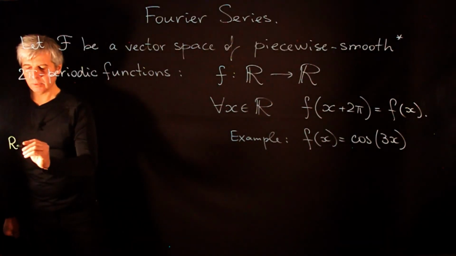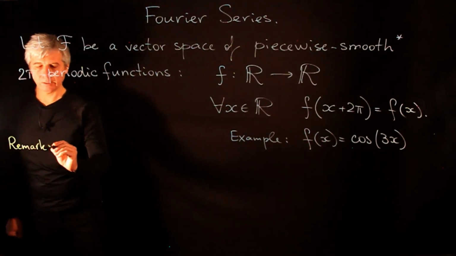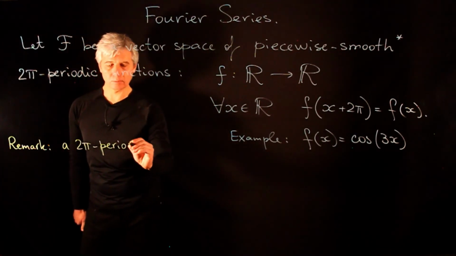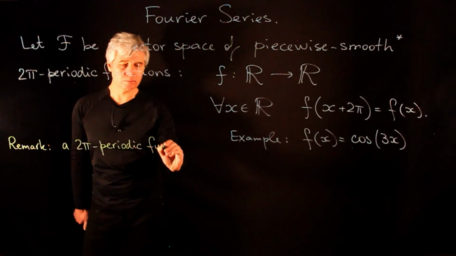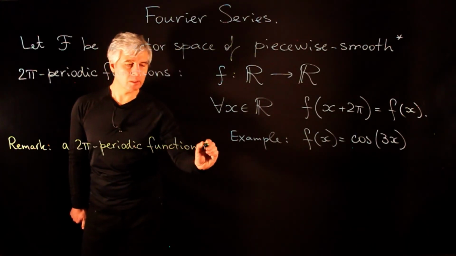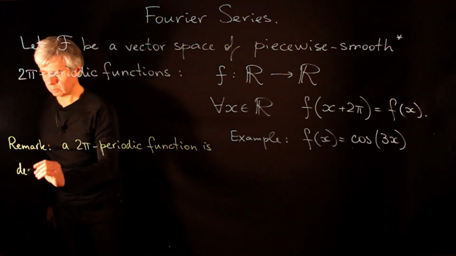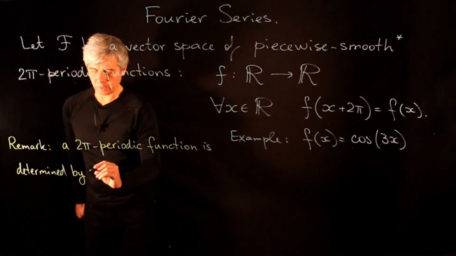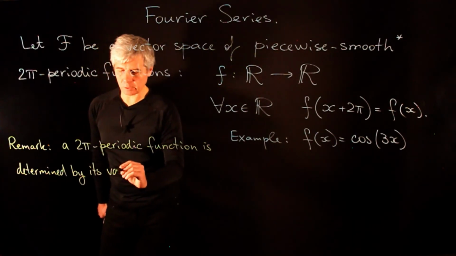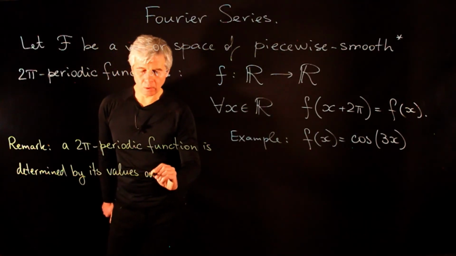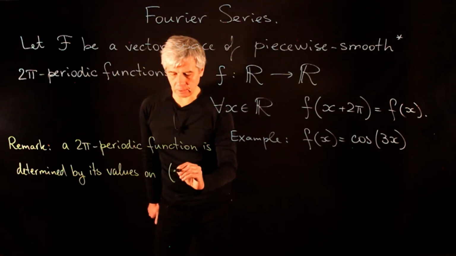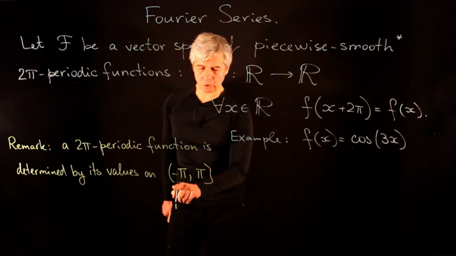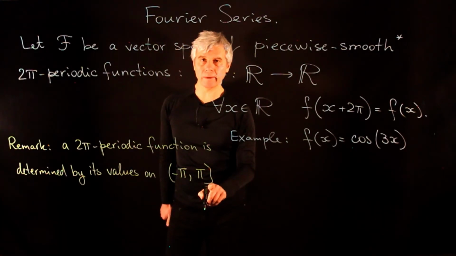We note that a 2 pi periodic function is determined by its values on the interval from minus pi to pi, where we exclude minus pi and include pi.